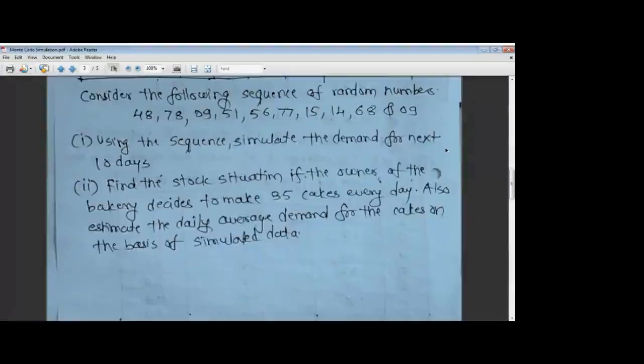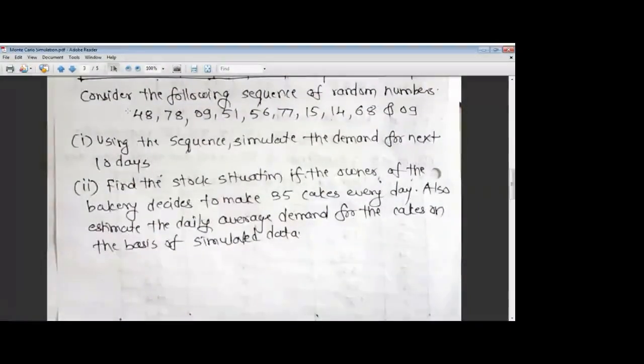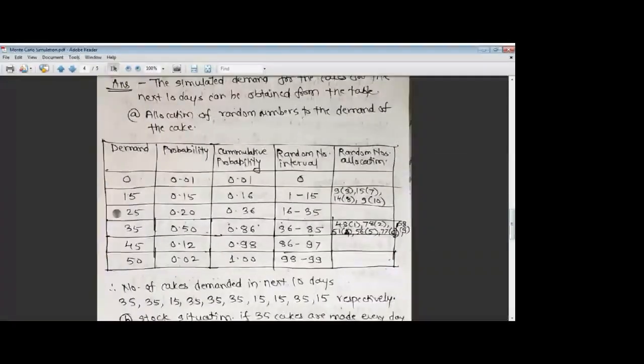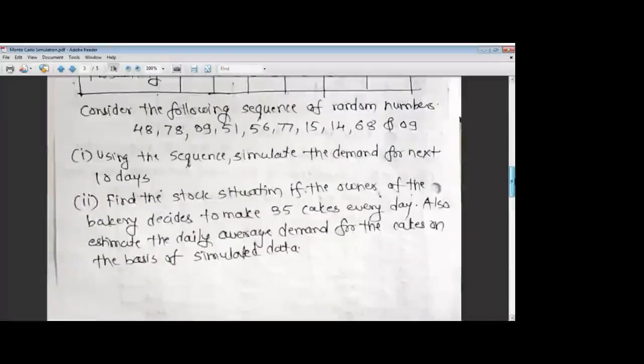Now the first random number is 48. In which random interval does this 48 fall? The 48 falls between 36 and 85. So I have written 48 here, and in brackets I have written 1, because this was our first random number. The next random number is 78.